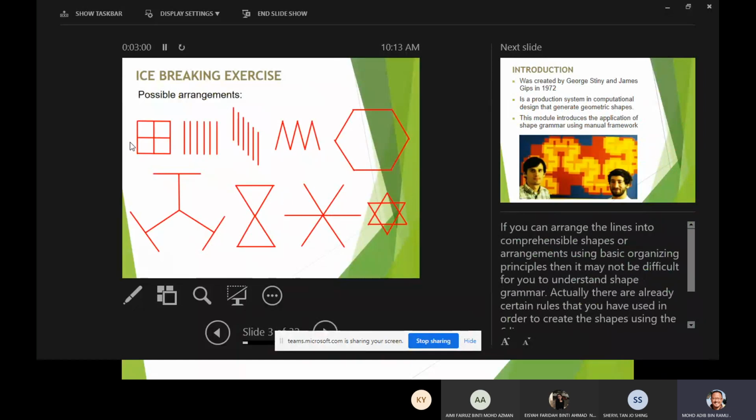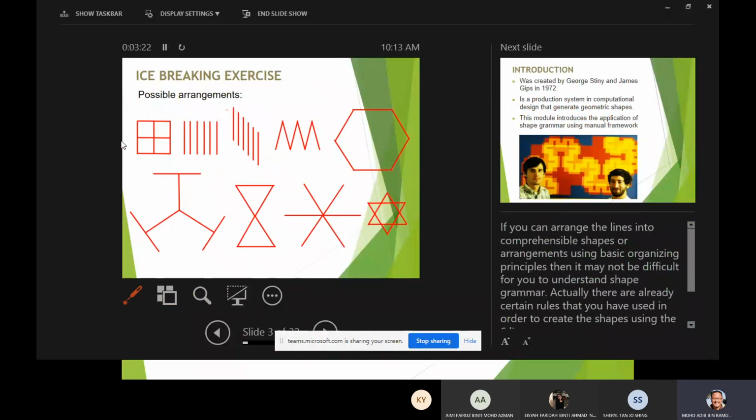If you look at all the shapes or arrangements, they all consist of 6 lines. Like this one: 1, 2, 3, 4, 5, 6. This is very straightforward, and this is also quite straightforward.